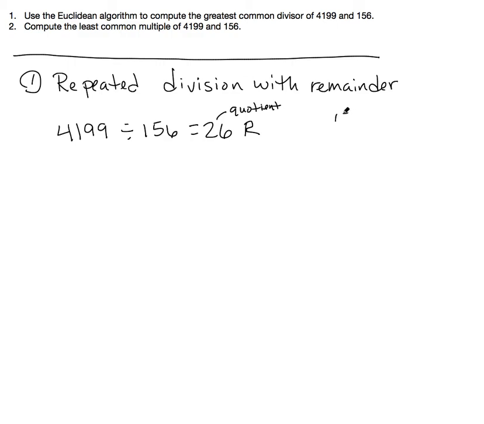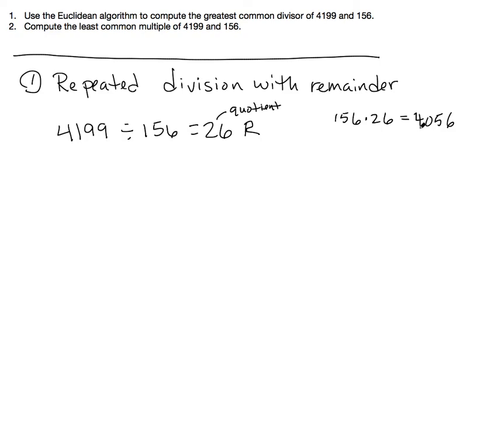So if we multiply 156 by 26, what do we get? We check in our calculators, and I get 4,056. So 26 groupings of 156 is this many.